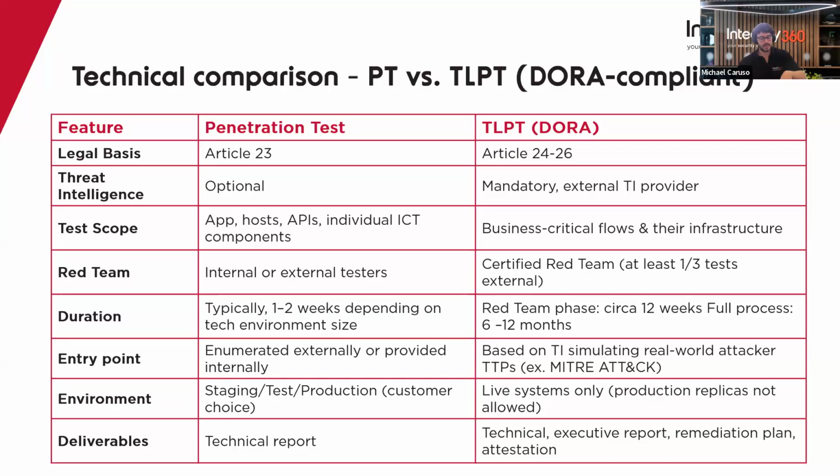What DORA says is that the NCA will decide if you are a critical entity or not. The NCA is the national authority, which, for example, can be the Central Bank of Ireland, the Bank of Italy in Italy, or the Central Bank of Spain.